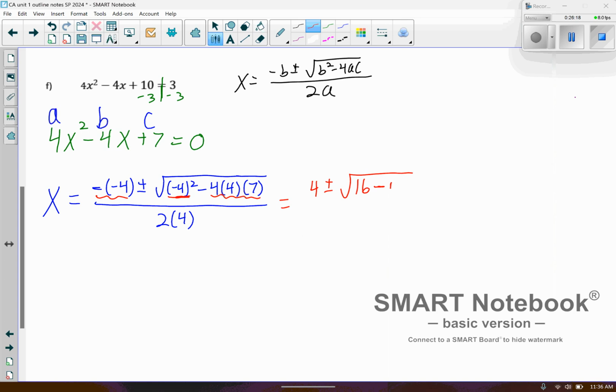So I need to subtract 112, and then divided by 2 times 4, which is 8. All right, so now I have to take care of the 16 take away 112. So I'm going to end up with 4 plus or minus the square root of negative 96, and then divided by 8.